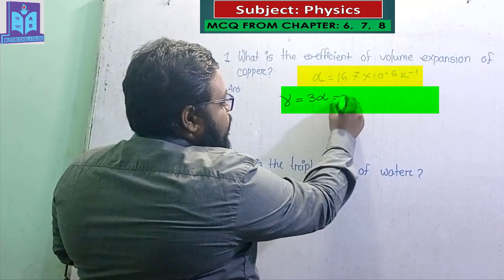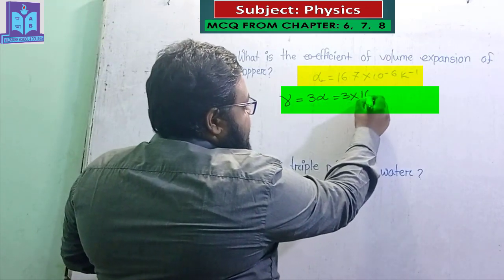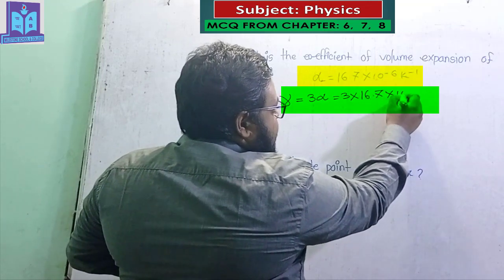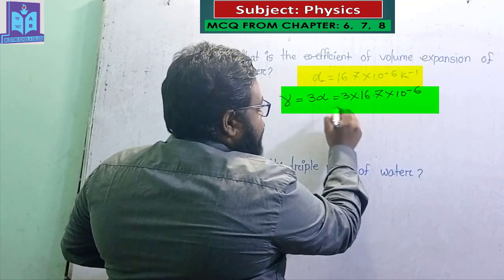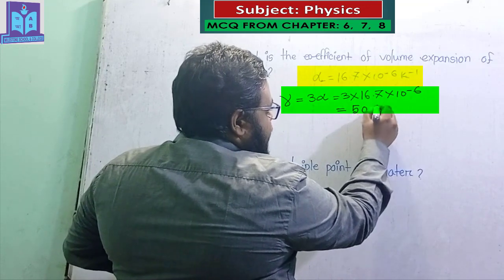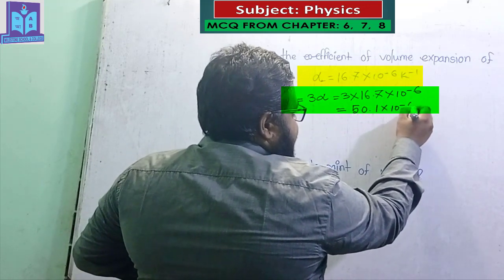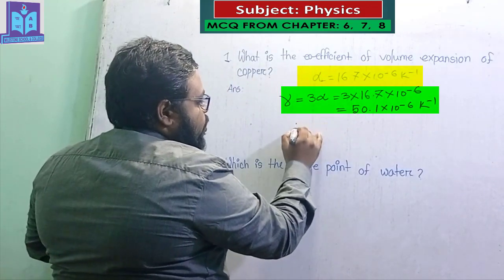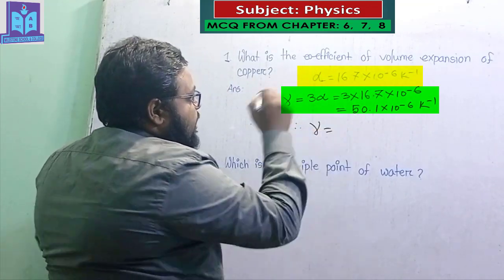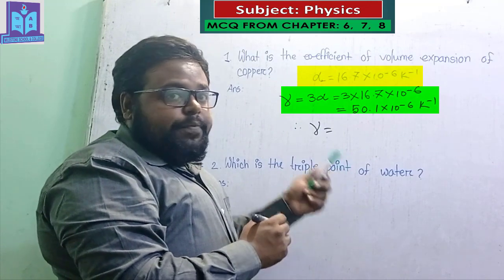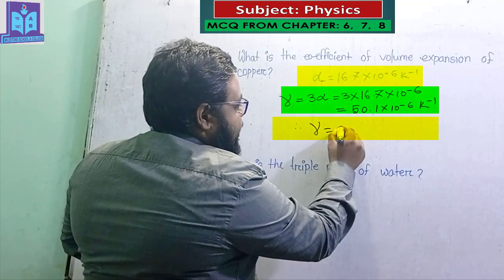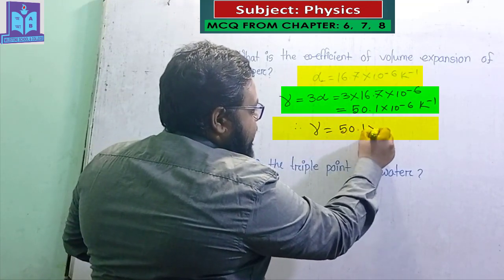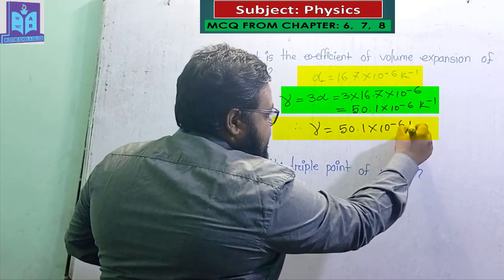So 3 into 16.7 into 10 to the power minus 6 equals 50.1 into 10 to the power minus 6 per Kelvin. So the coefficient of volume expansion of copper, gamma, equals 50.1 into 10 to the power minus 6 per Kelvin.